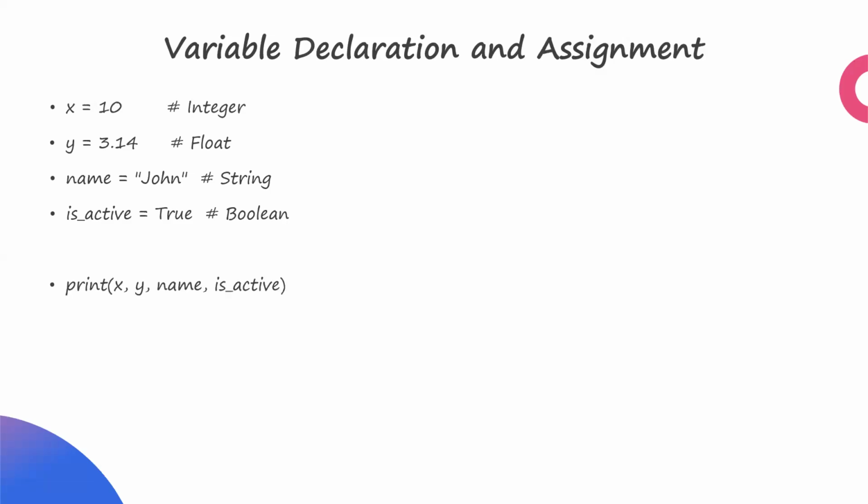Now, if I print x, y, name and is_active, we are going to get all these values. But their data types: 10 is an integer, 3.14 is a float, John enclosed in double quotes is a text value, which is a string, and True is a Boolean.